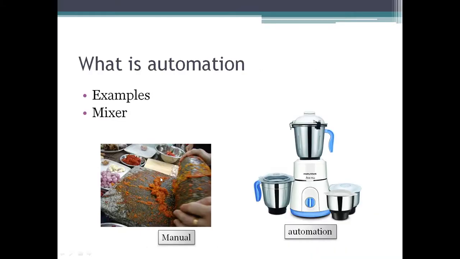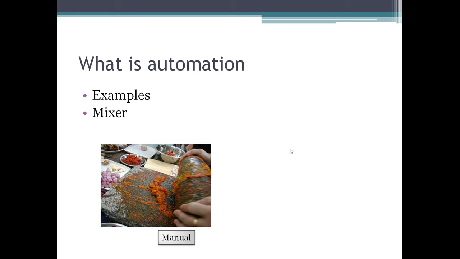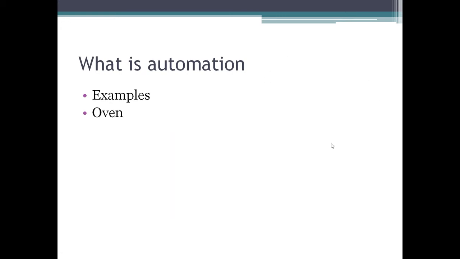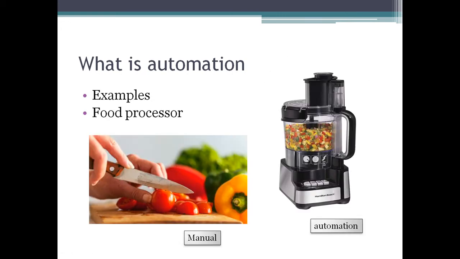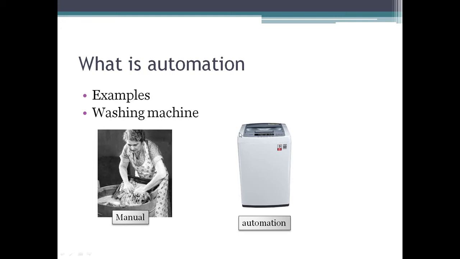Just now we saw some live examples of automation. We have Selenium WebDriver, a tool for automation. Just like for crushing spices we have the tool mixer, for cooking food we have the tool oven, for cutting fruits or vegetables we have the food processor, and for washing clothes we have the washing machine.